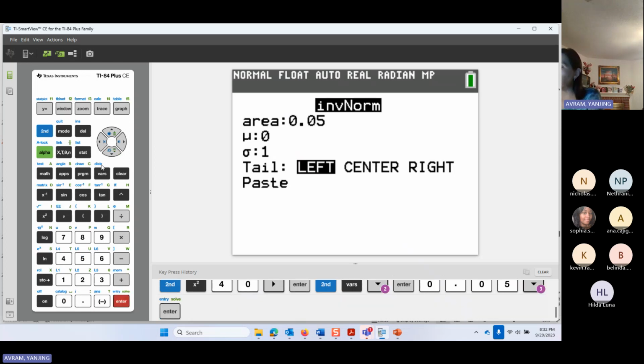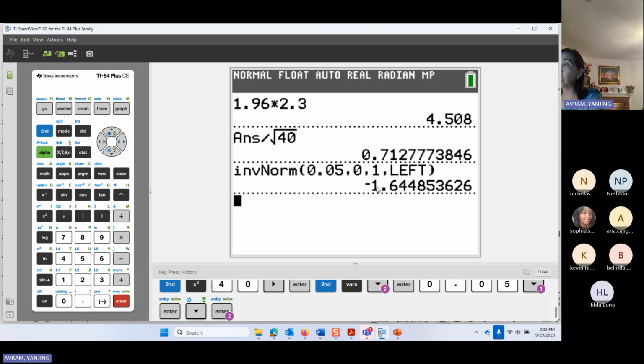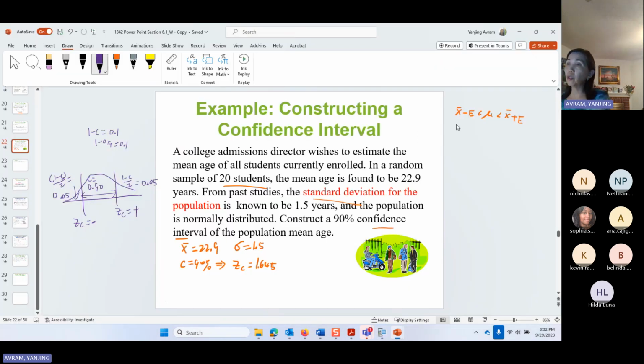If I do this, I get a negative number, but that's okay. If I round to 3 decimal places, it's negative 1.645. We always plug in the z-score as positive because one side is minus E, one side is plus E, so we just calculate one E.